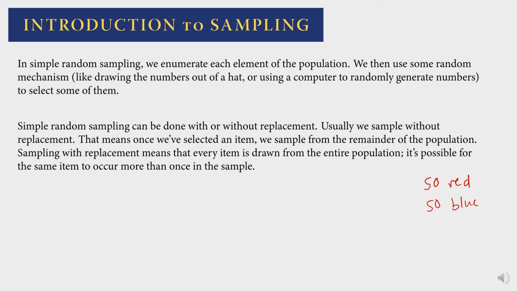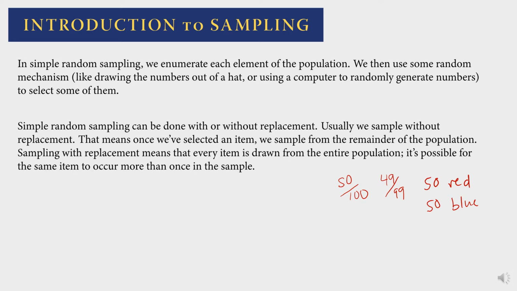On the first round, you had a 50 out of 100 chance of getting a red marble. But on the second draw, there are only 99 marbles left, and only 49 of them are red. So your probability of drawing a red on the second draw will be 49 out of 99. So it's slightly different.